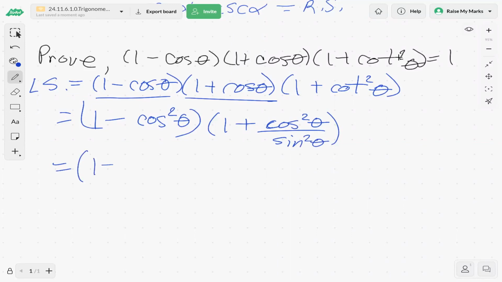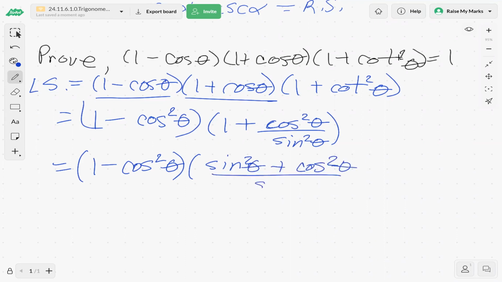Let's just leave this for now as 1 minus cos squared theta. All right, so in the second bracket, let's put everything over a common denominator. All right, it's sine squared.